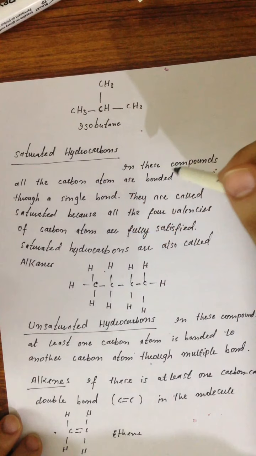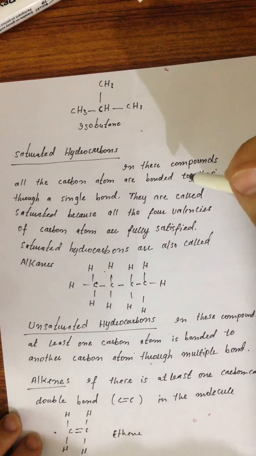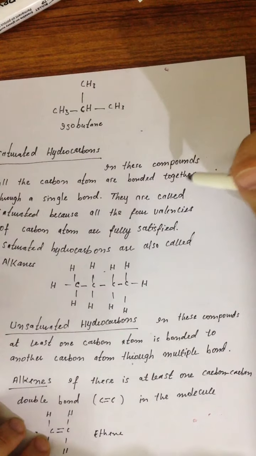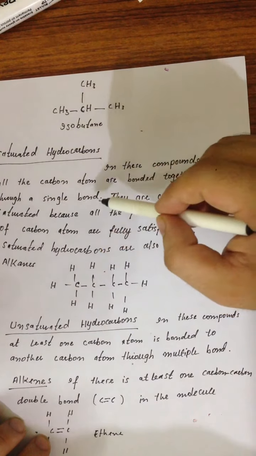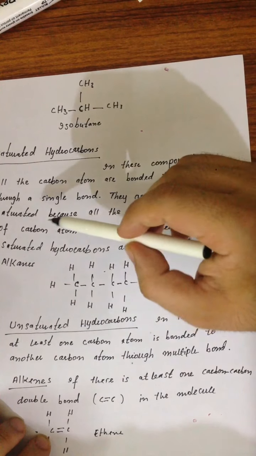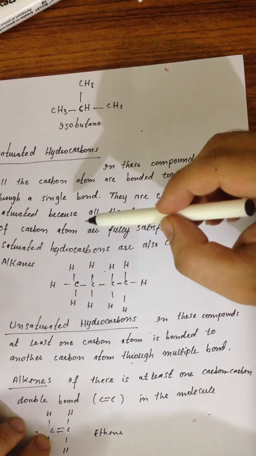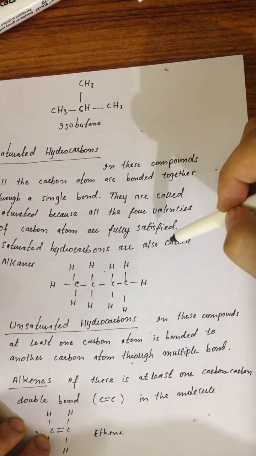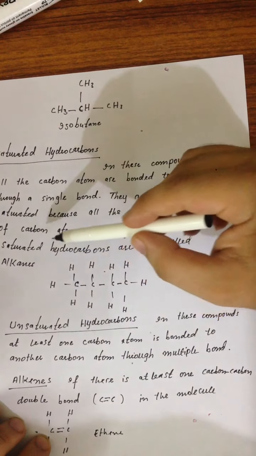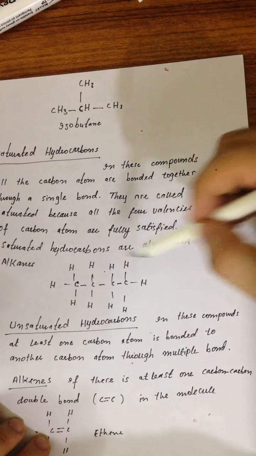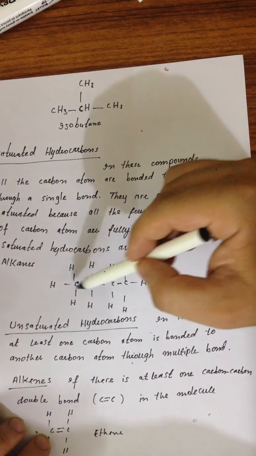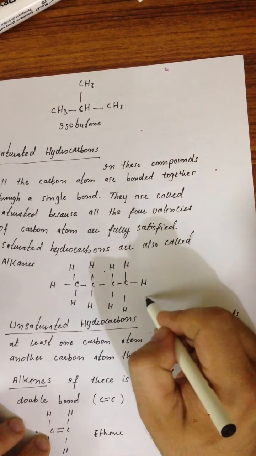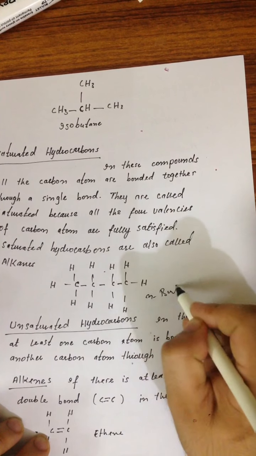Saturated hydrocarbons. In these compounds, all the carbon atoms are bonded together through a single bond. They are called saturated because all the 4 valencies of carbon atoms are fully satisfied. Saturated hydrocarbons are also called alkanes. In this example, this is n-butane.